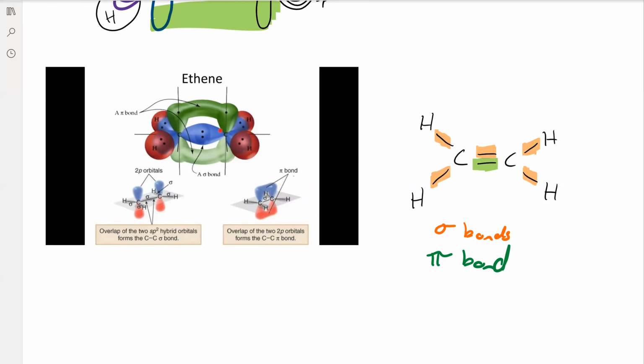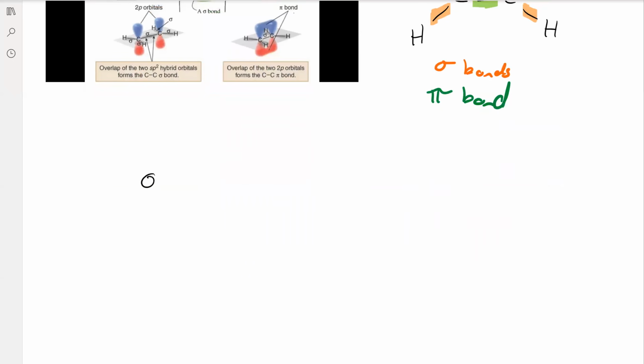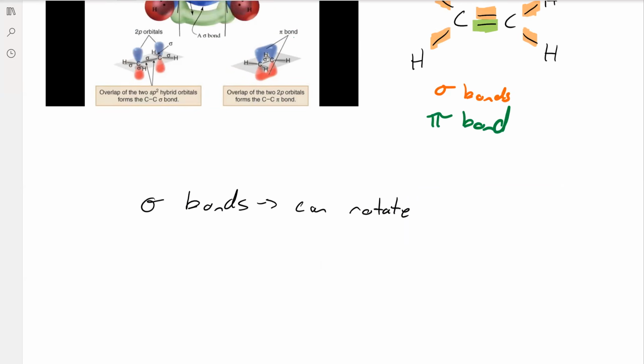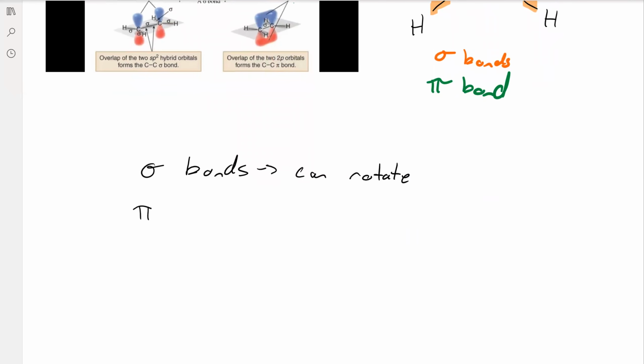Cool. So what does that tell us new about molecules? Well, it tells us that sigma bonds can rotate. Because if you think about these molecules, if this bond were to rotate, we still have direct overlap. We're not breaking the bond just because these molecules are rotating. With pi bonds, they can't rotate.